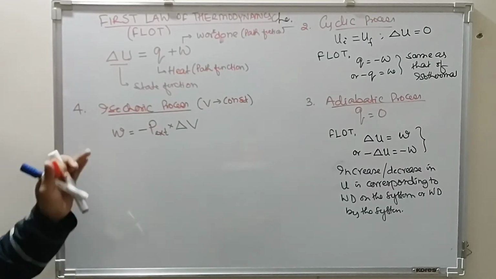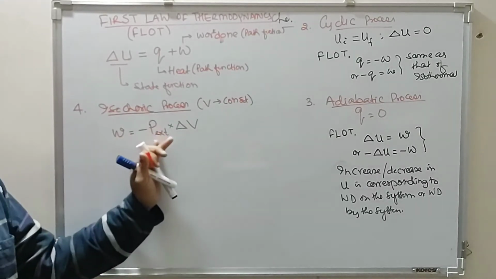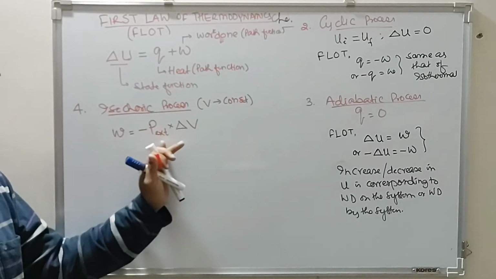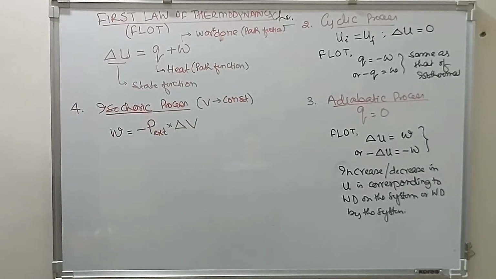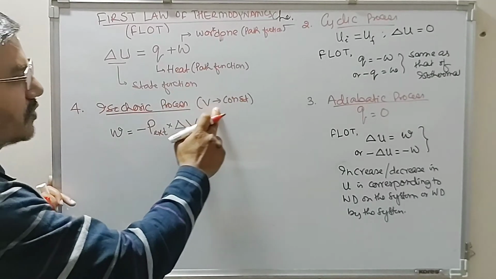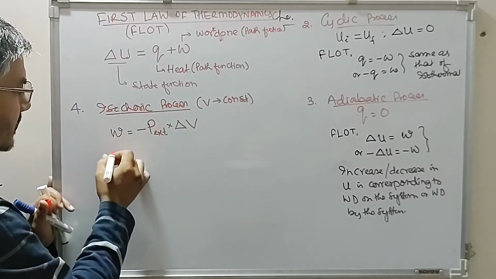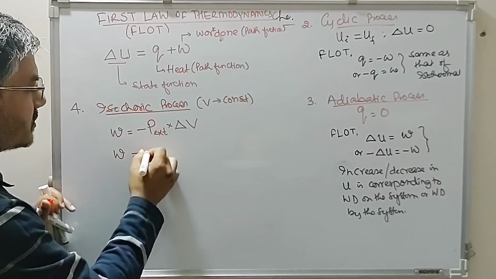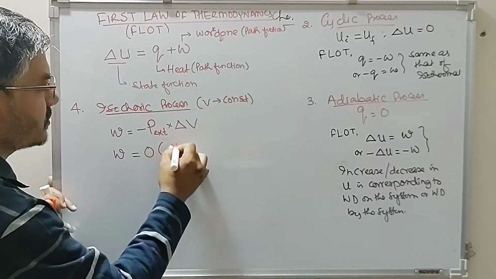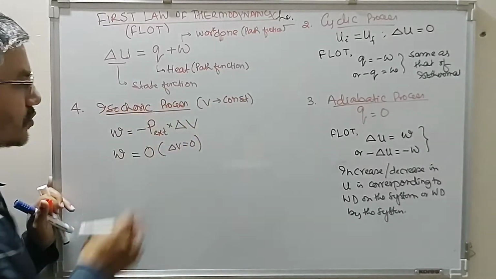For an ideal case, work done is defined as minus external pressure into change in volume. Now, for an ideal case, in an isochoric process, the volume remaining constant, delta V comes out to be 0. Therefore, work done is equal to 0 because delta V is 0 for this isochoric process.